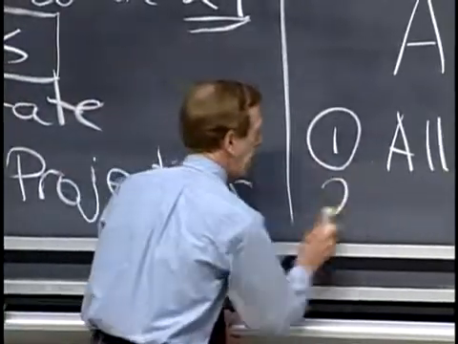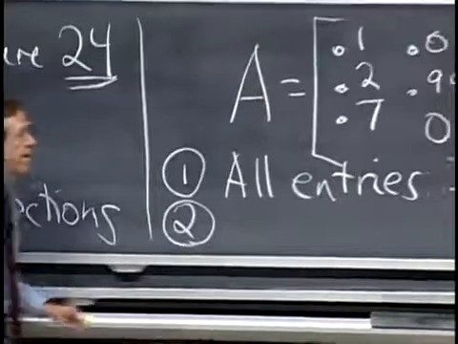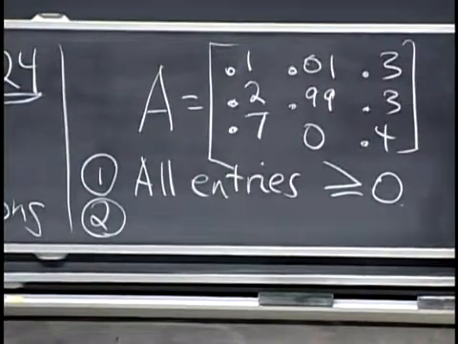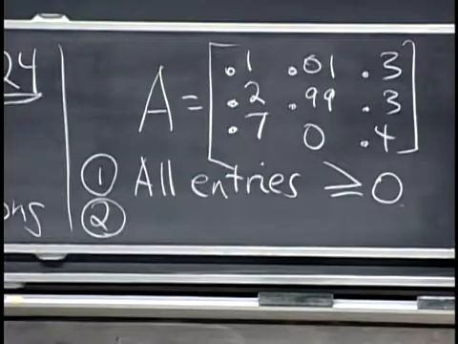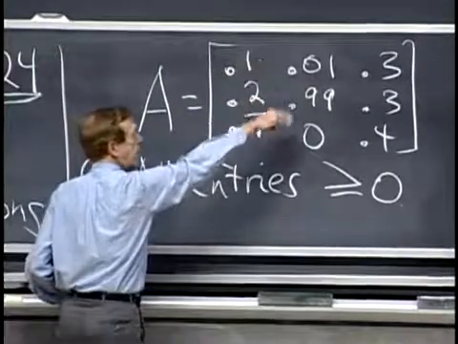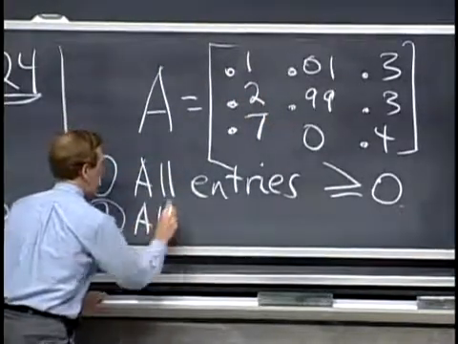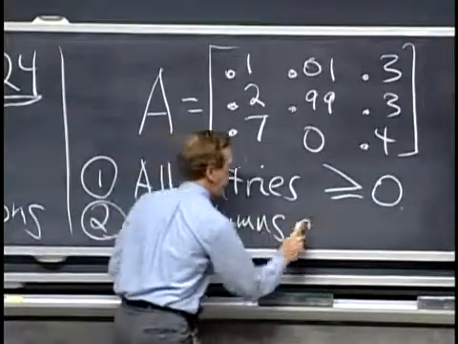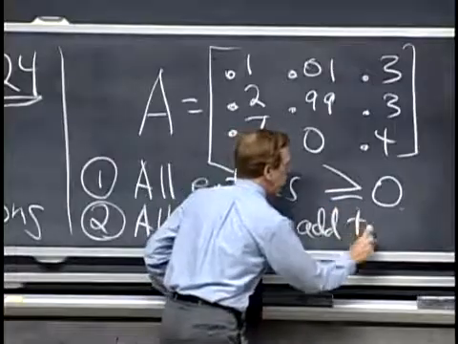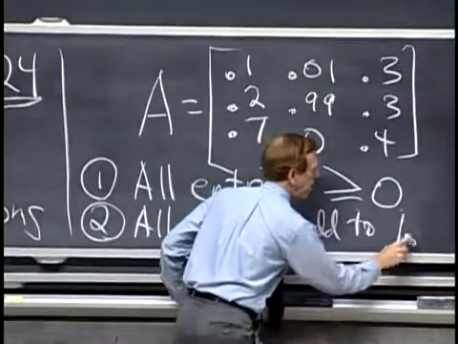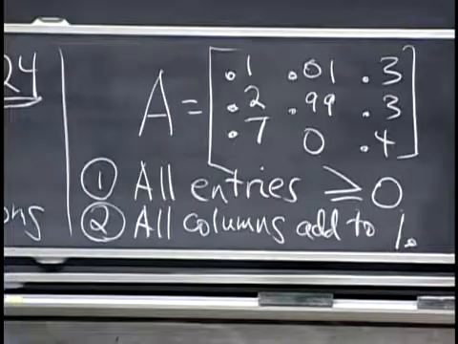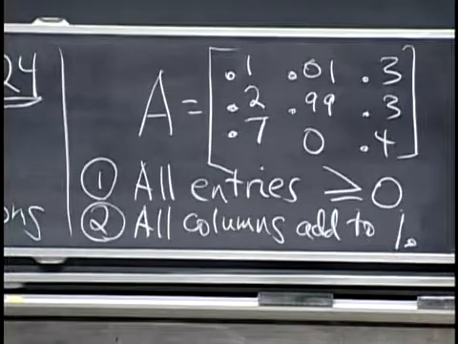The other property, do you see the other property in there? If I add down the columns, what answer do I get? 1. So all columns add to 1. And actually, when I square the matrix, that will be true again.